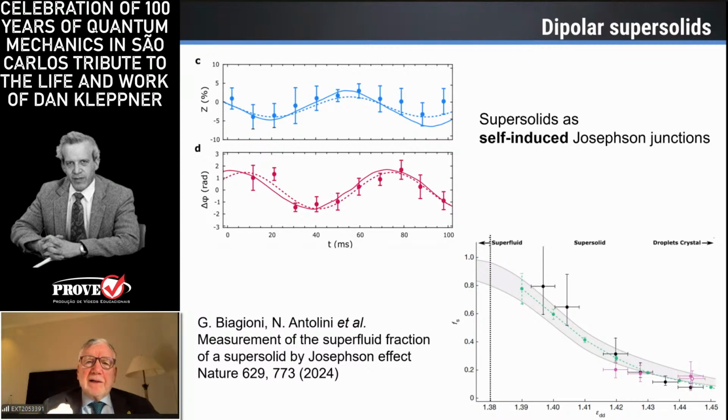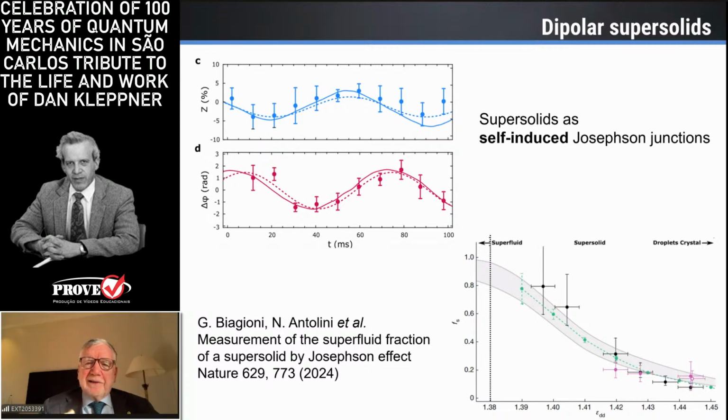Now, if you go back to the Josephson junction that I showed with my first slide, here you can have a Josephson oscillation, you see on the left part of the figure. You can have Josephson oscillation of the superfluid part across the supersolid, the periodic structure of solid state. It's all homemade.